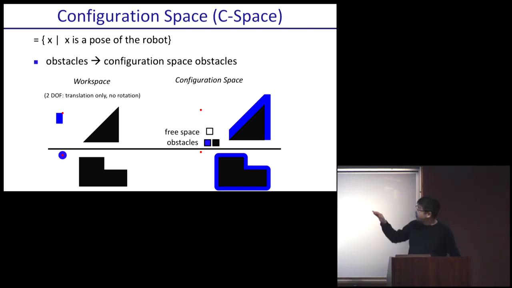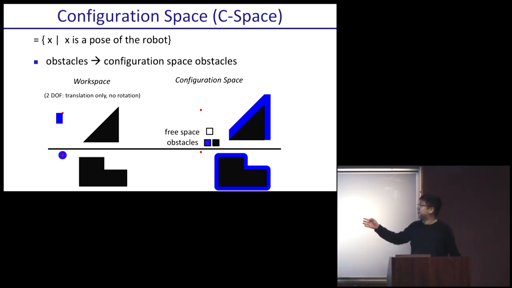So there are two examples. The workspace on the left is where we want to move the little rectangle in this space, and the black triangle is the obstacle. And on the right is the configuration space. We can see there is another layer of blue obstacles that is due to the collision between the blue rectangle and the triangle.